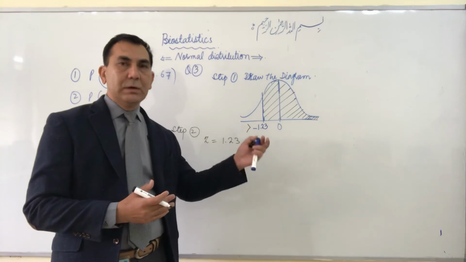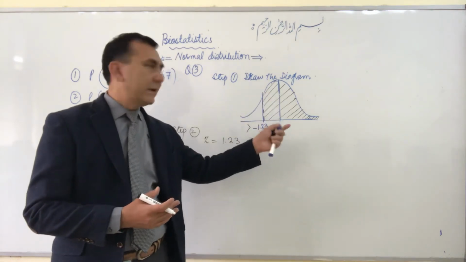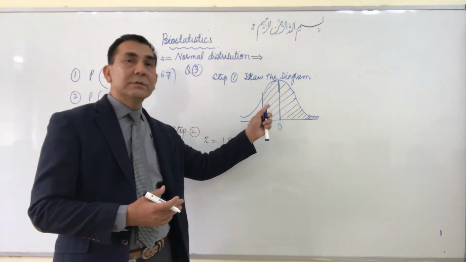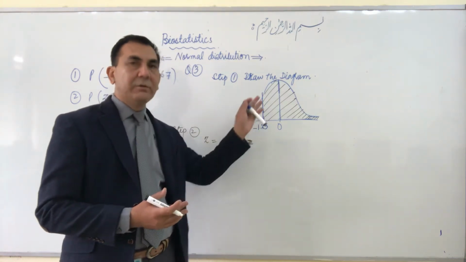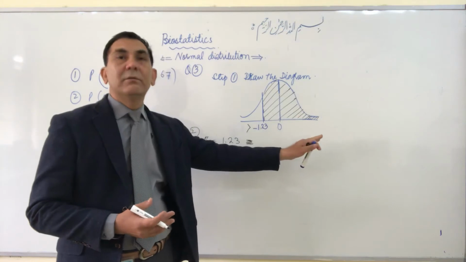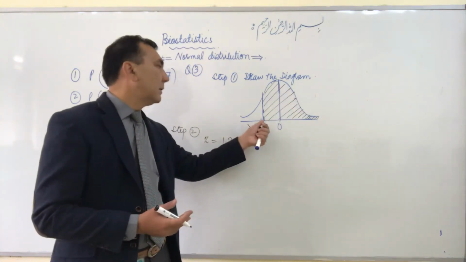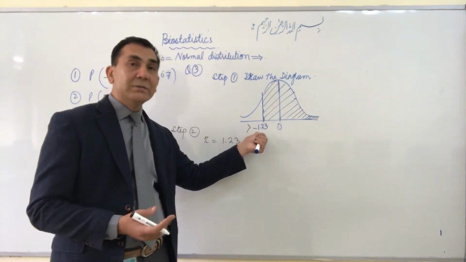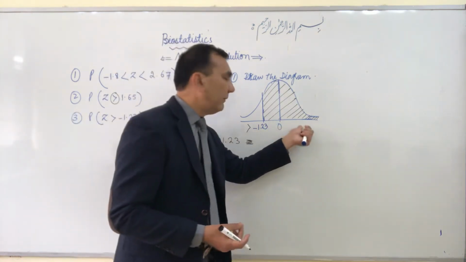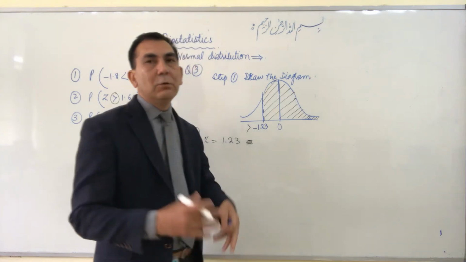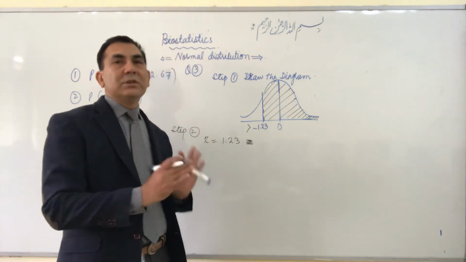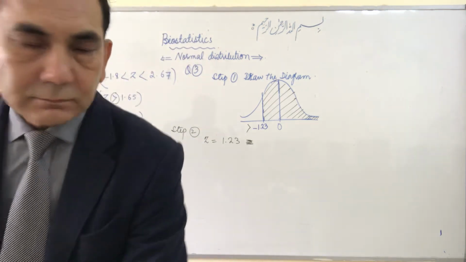As I told you in the previous lecture, the left half is 0.5, 50%, and the right side is 50%. If the value is plus 1.23 instead, the area will be the same, because they are mirror images of each other.